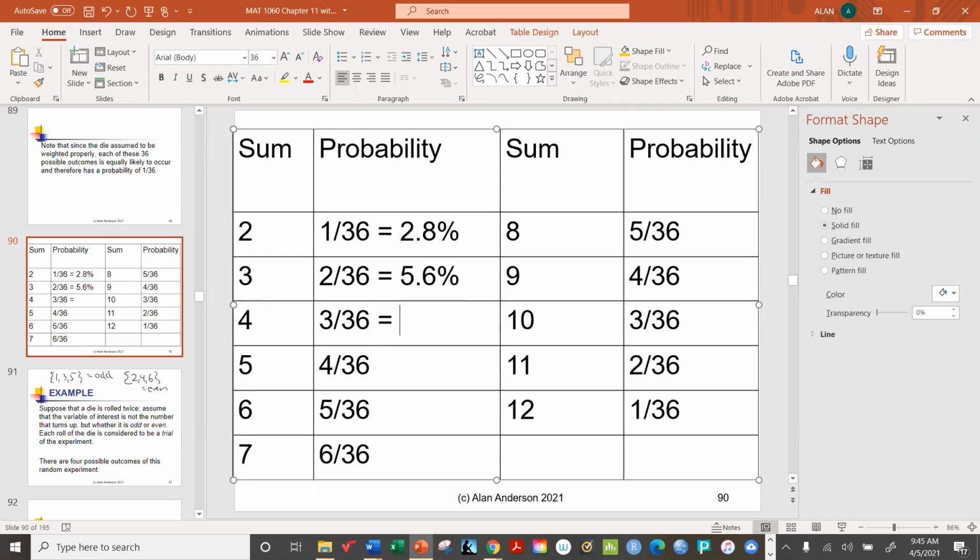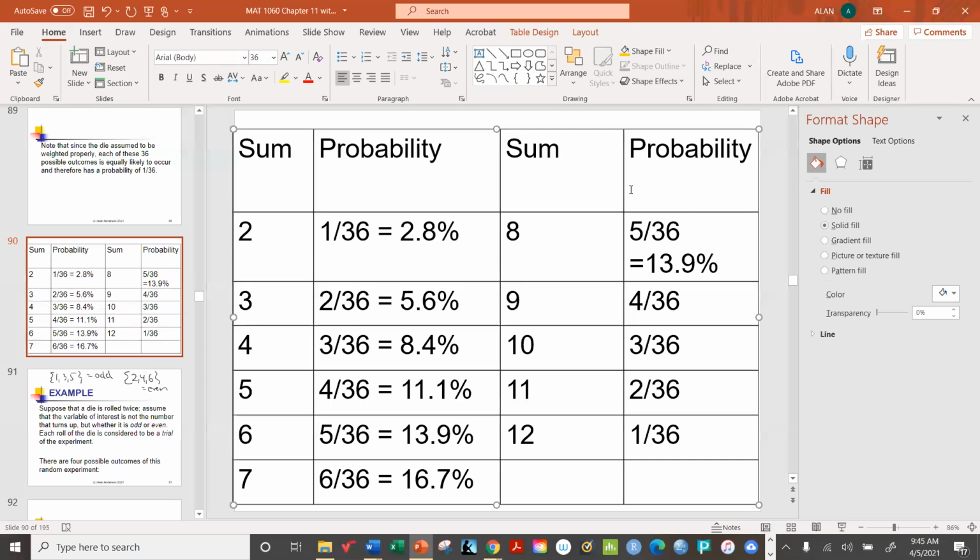Let's see, this is 8.4%. This is 11.1%, 13.9, this is 16.7. And then now we can just go through these again.